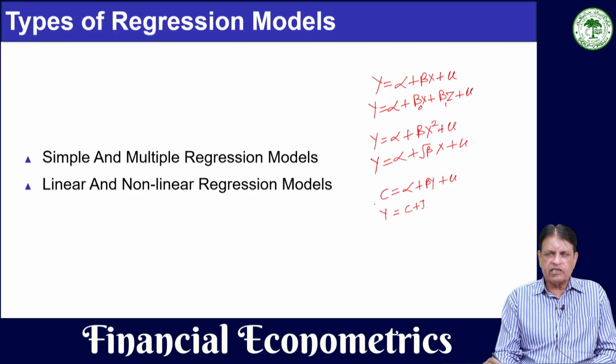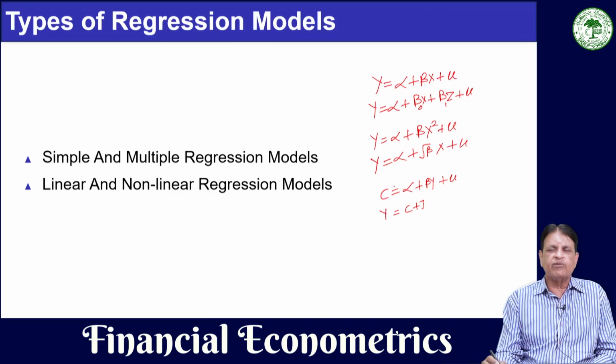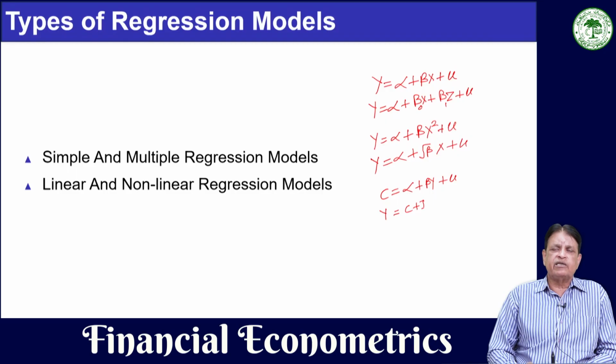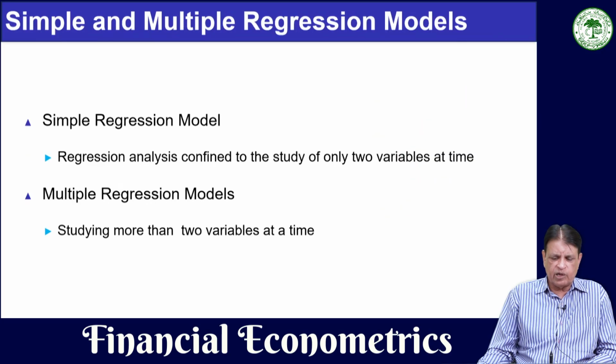So there is no concept of dependent and independent variable here. To substitute for that, we have the concept of endogenous and exogenous variable. Here the two endogenous variables are C and y, and I is an exogenous variable because no equation is given here to determine the value of I. Now the values of endogenous variables are determined simultaneously. That's why we call it a simultaneous equation model.